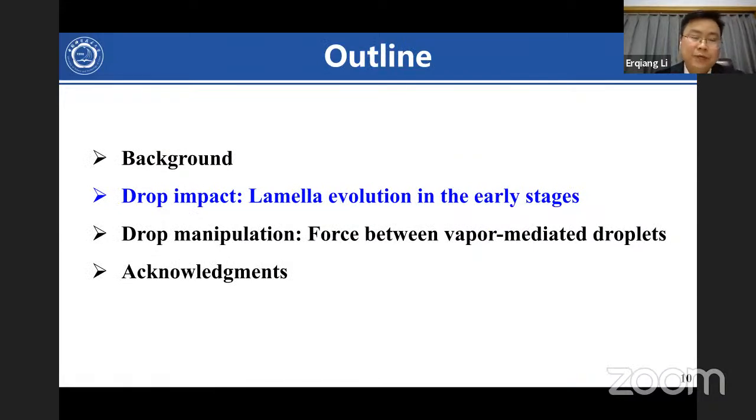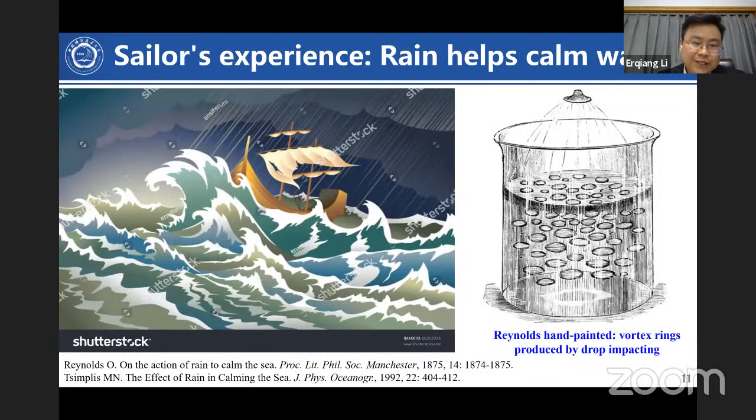Okay, so go to my second part. The first example I give is the laminar evolution in the early stage during drop impact. Drop impact is not a new problem. Centuries ago, sailors realized that rain can help to calm surface waves on the sea. This roused the interest of Reynolds, who studied drop impact problems and discovered the vortex rings produced by drop impact.